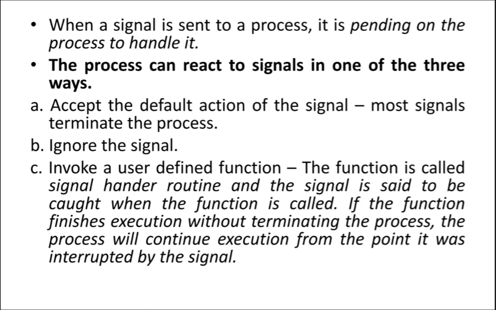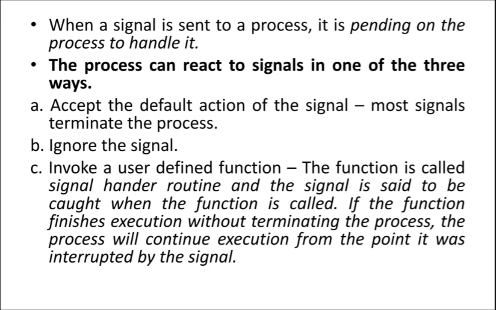Next, one more important thing you have to know is that when a signal is sent to a process, it is pending on the process to handle it. That means when a signal is sent to the process, the process can take a decision. A process has to handle that signal. A process can react to signals in one of three ways.